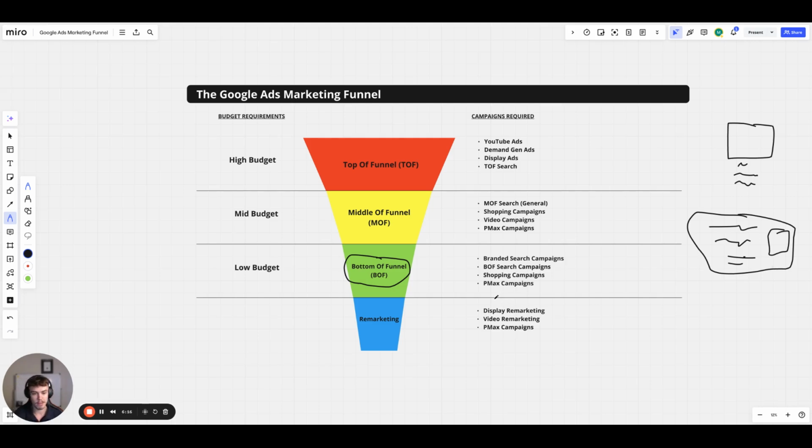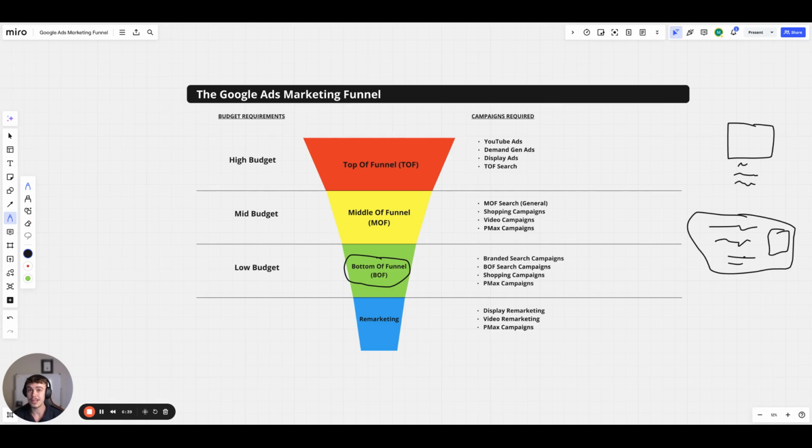You also got PMAX campaigns in here. Now, PMAX loves to target easy traffic. So if you have branded traffic, if you have remarketing traffic, which we'll come to later, PMAX is almost always going to target it preferentially. That's because PMAX is Google's baby, and Google wants to be getting apparent good results for you.